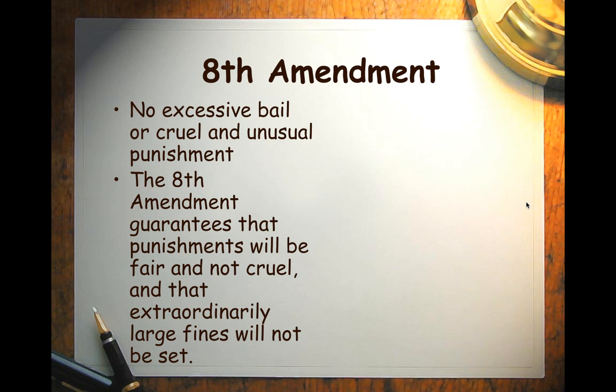Until such time as you are convicted by a jury of your peers beyond a reasonable doubt, you are presumed to be innocent. So if the judge can grant you bail, and if the judge can let you out pending the outcome of your trial, usually they do it.